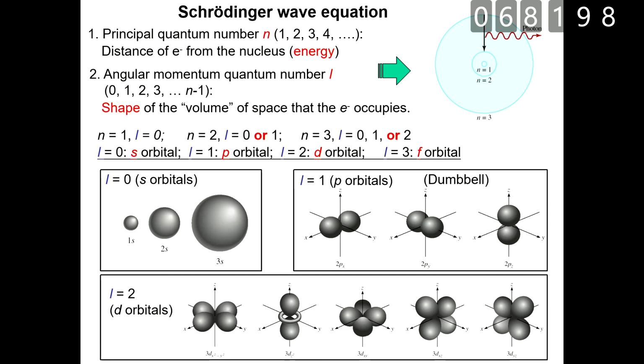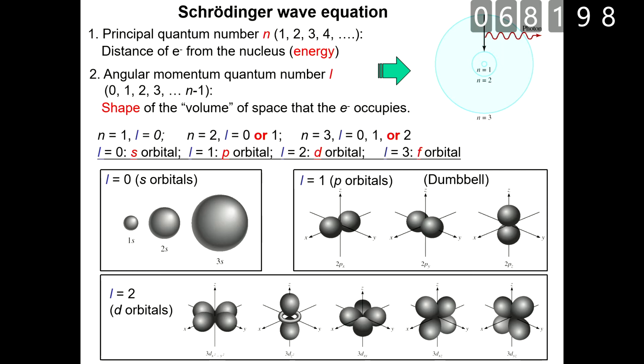So the L means the shape of the electrons, the shape of the volume of space that electron occupies. It's like the shapes of electrons. So we know L can be from 0 to n minus 1, right?